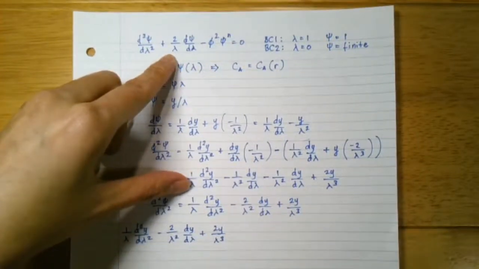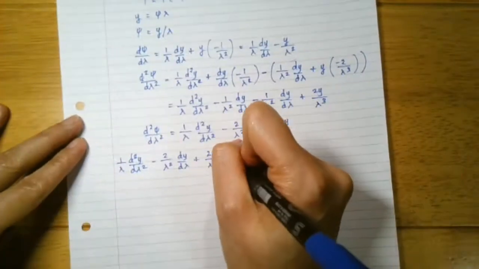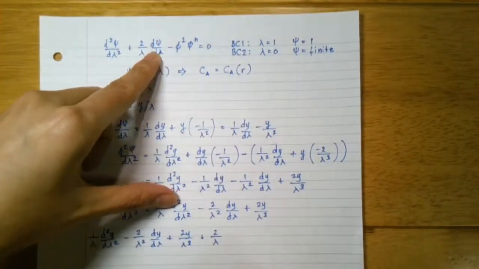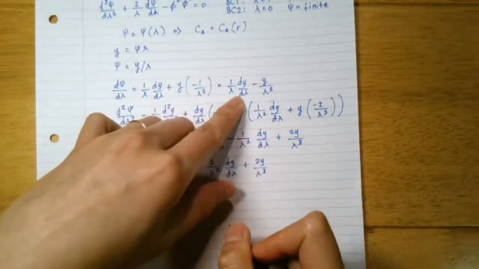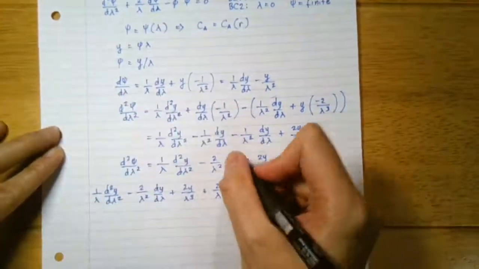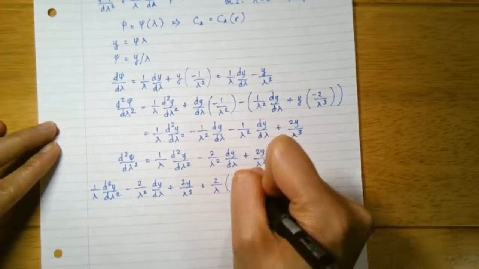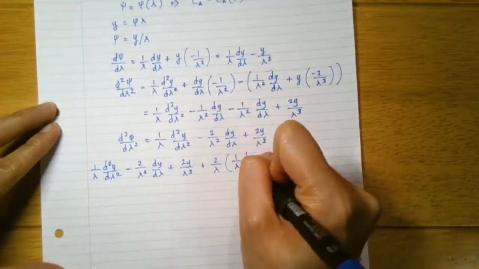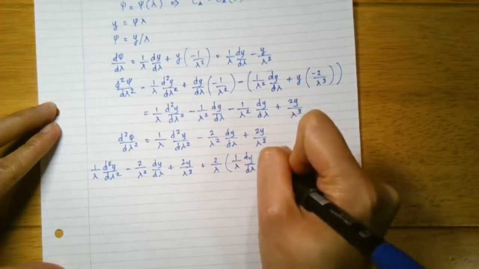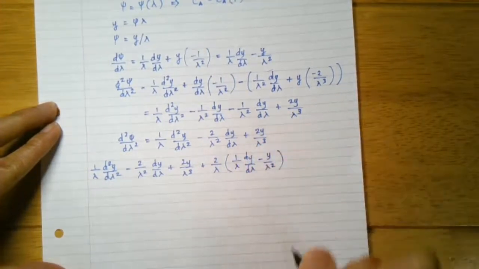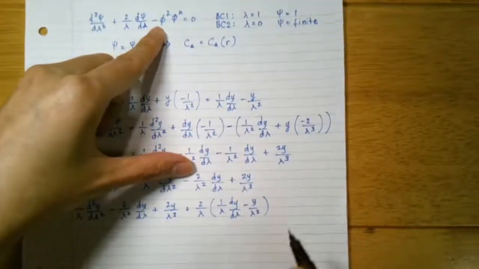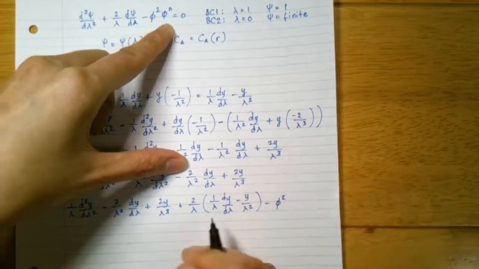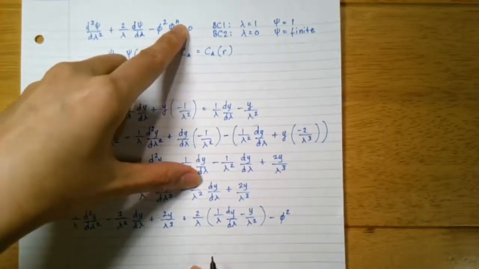Okay, and then we have plus 2 over lambda times the first derivative of psi with respect to lambda, which is this expression. Okay, so we have 1 over lambda dy d lambda minus y over lambda squared. And then we have minus phi squared times psi raised to n.